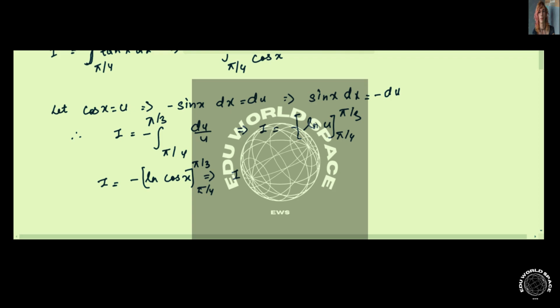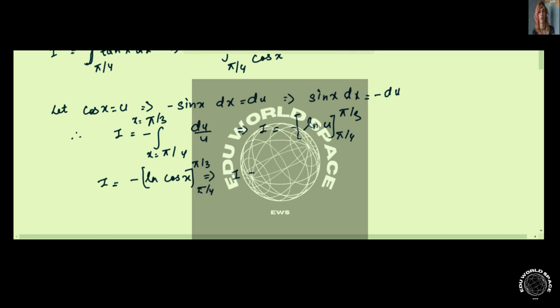Remember, this is the value for x. We have not changed to u here, because we need to put the value of u in terms of x again, so that's why I have not changed that limit. But in case you do change that limit, then you have to change the limits according to u.